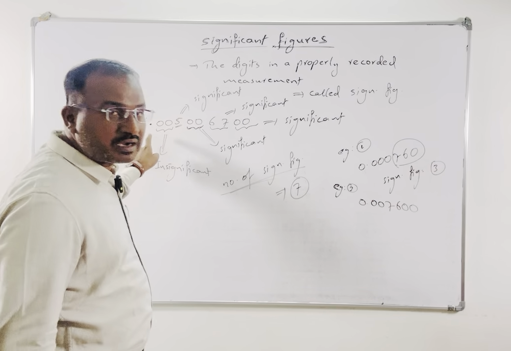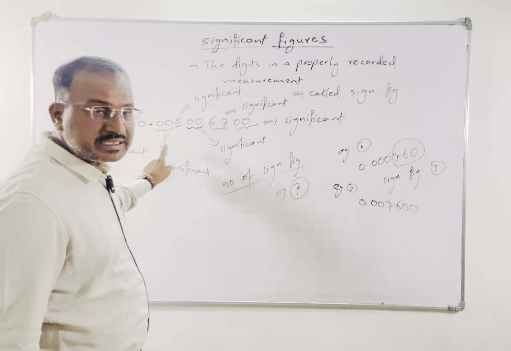According to the rules we have discussed here, if we apply them, this is insignificant, this is insignificant, and these 4 are significant. So here the significant figures are 4 in number, because the zeros after non-zeros become significant.